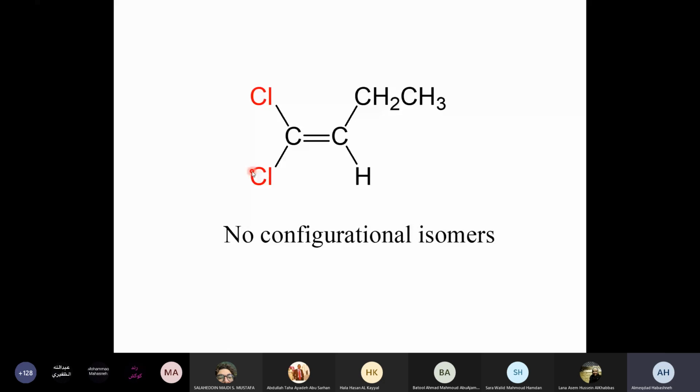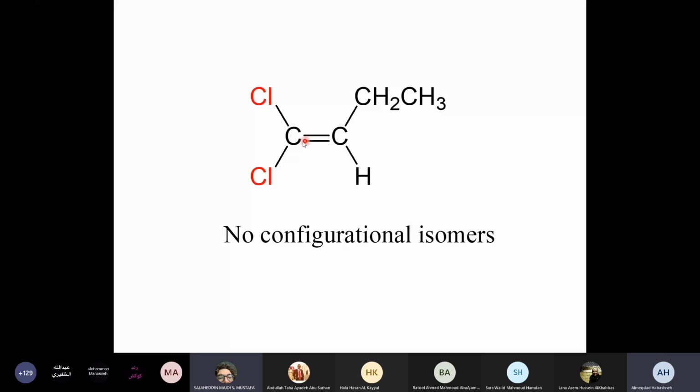Let's move to this one. Does this compound have configurational isomers? No, because of the same group. This compound cannot have configurational isomers because the double bond is not a stereogenic center.